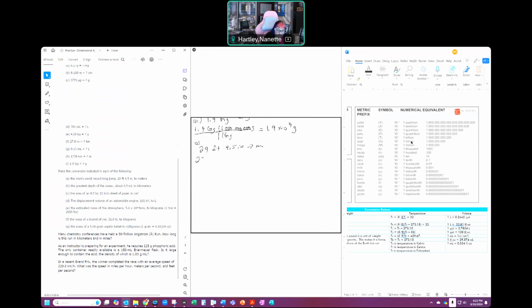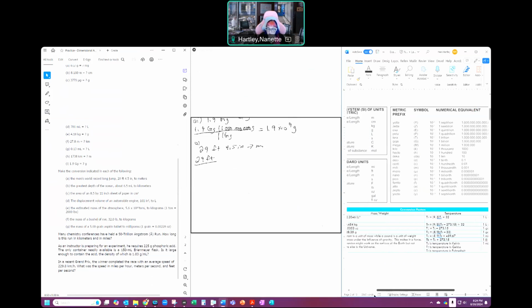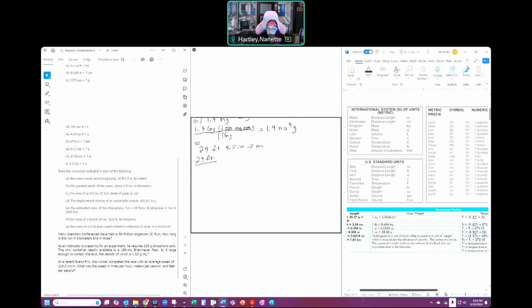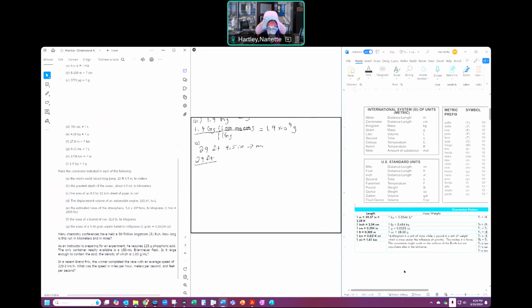So 29 feet. I know that there are a number of feet in an inch, or a number of inches in the feet. And I don't remember what they are. So I need to scroll over a little bit. And I see 1 inch is that number of centimeters.